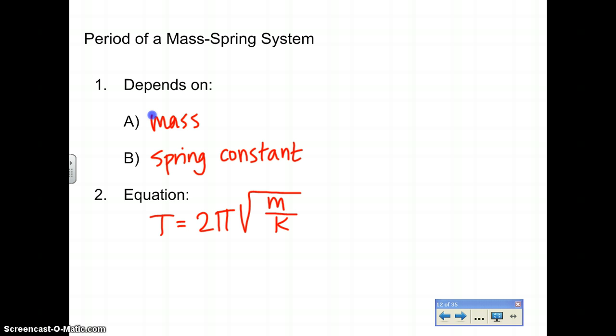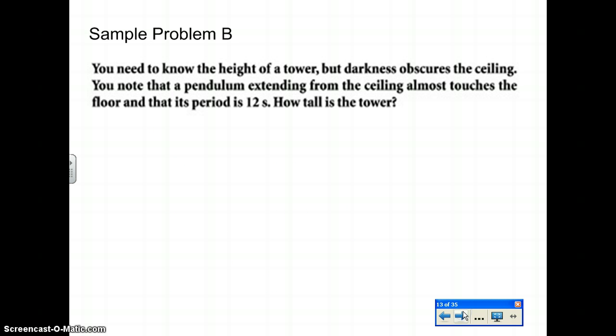And then inside your square root are the two variables that the period for that particular system depends upon, mass and spring constant. So your period is measured in seconds. Use your pi button. Mass is in kilograms. Your spring constant is in newtons per meter, which is a constant once again. Your K is a constant, so you're not going to count it when it comes to sig figs.